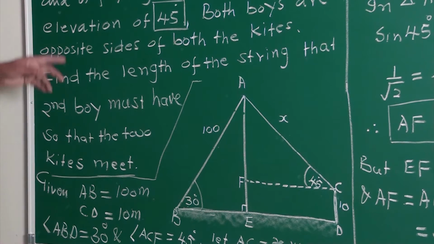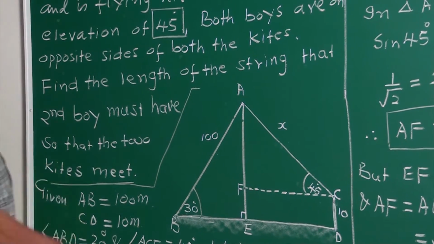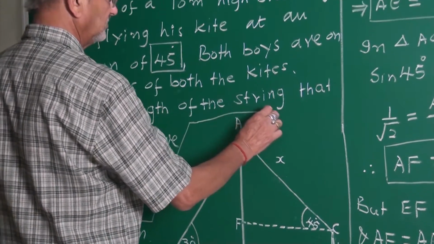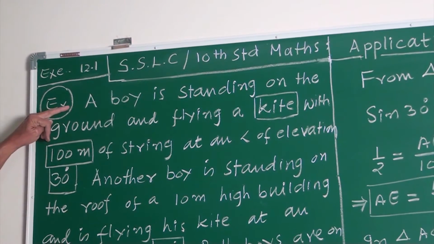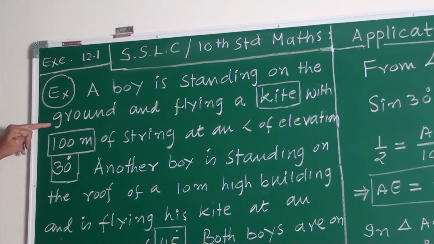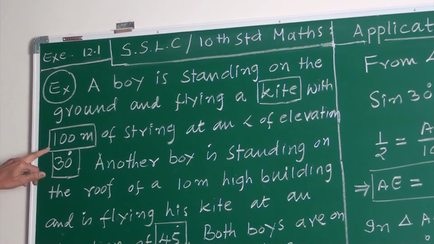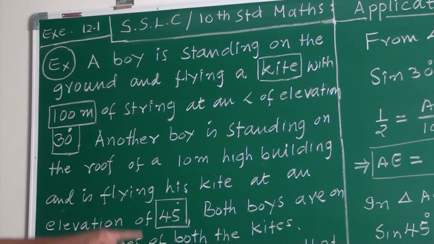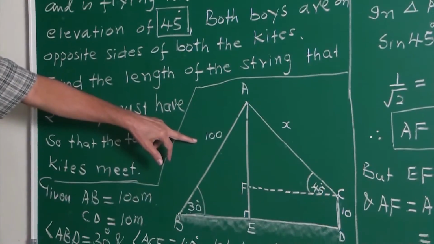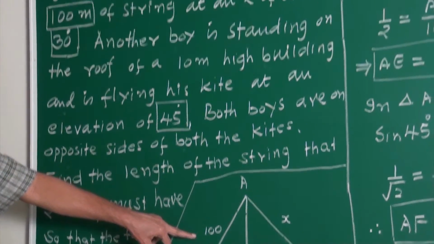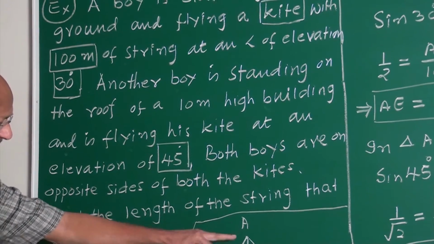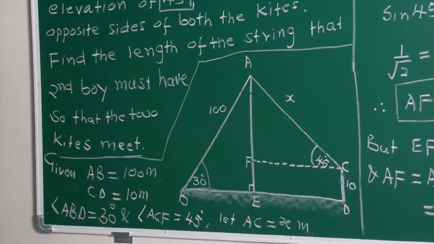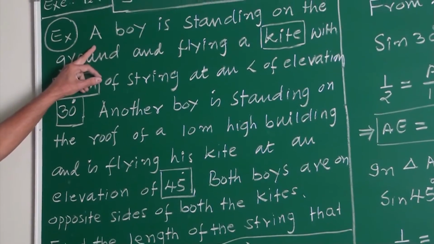If you want, you can read it once again. A boy is standing on the ground and flying a kite with a 100-meter string at an angle of elevation of 30 degrees. This is the first person.